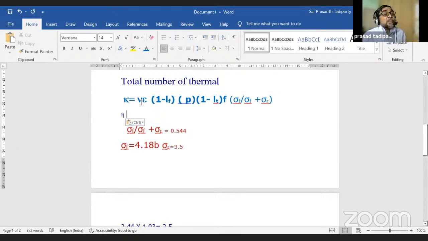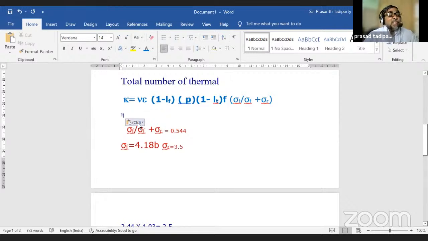So eta is equal to nu into sigma f by sigma f plus sigma r. This represents the number of fast neutrons per thermal neutron used up.